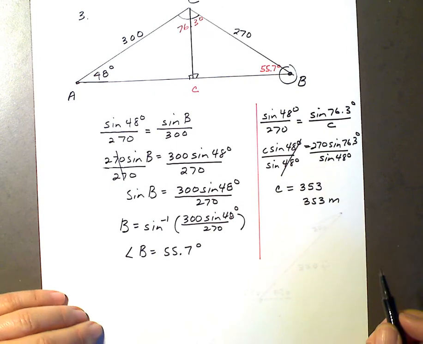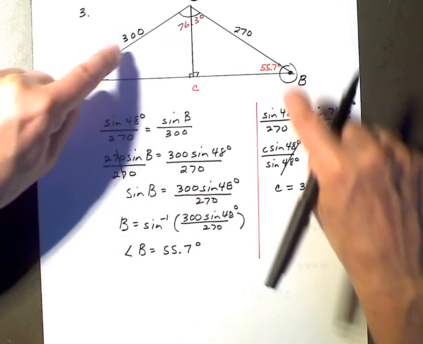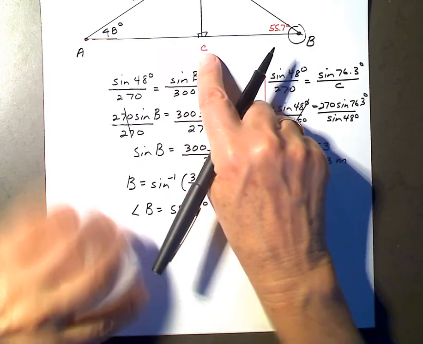Now to check that, I'm going to show you that we also could have used the law of cosines, since we know this angle between these two included legs. So this was the law of sines.